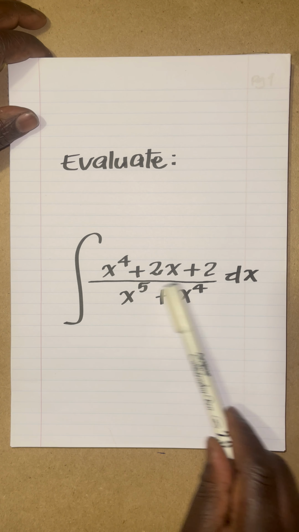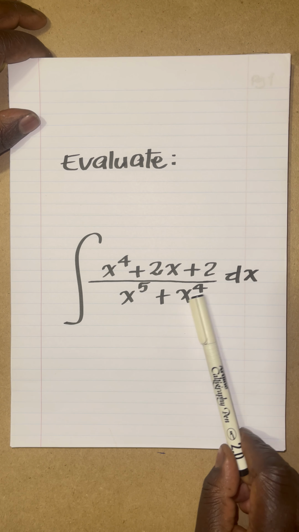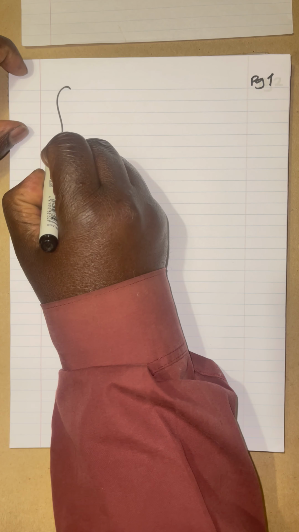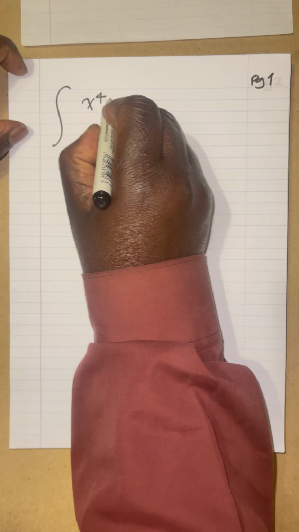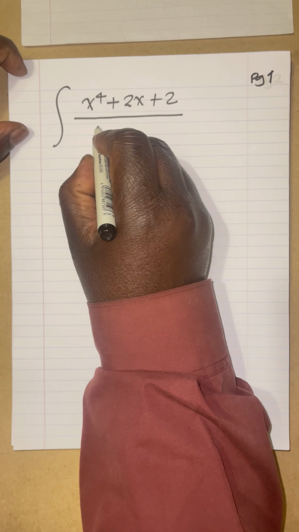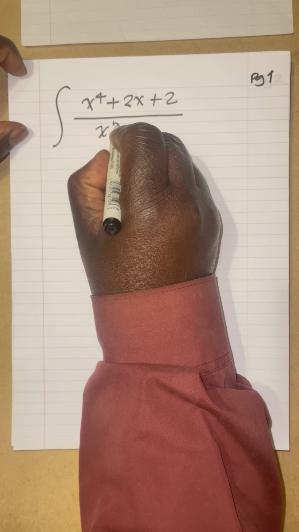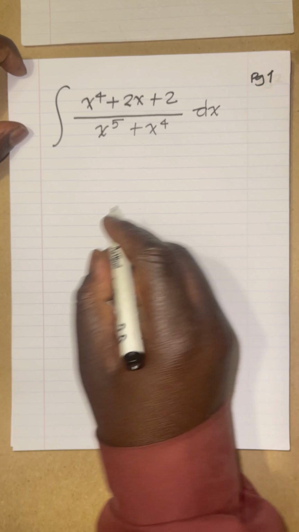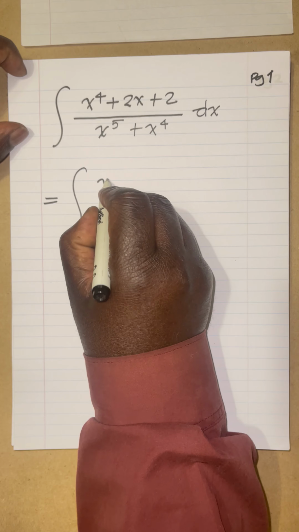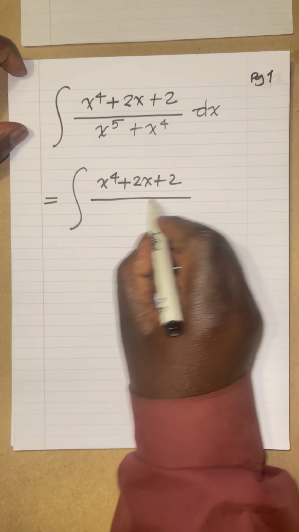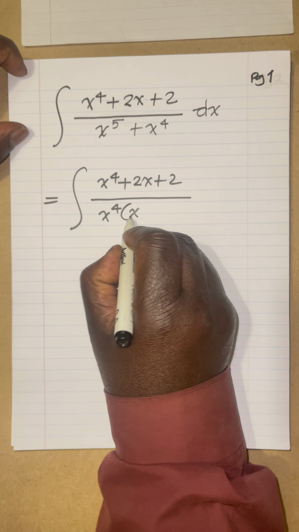And of course, looking at the denominator, the common factor is x^4. So factorizing this would be the starting point. We have the integral of (x^4 + 2x + 2) divided by (x^5 + x^4) dx. This is equal to (x^4 + 2x + 2) over x^4 times (x + 1), factorizing x^4 out.